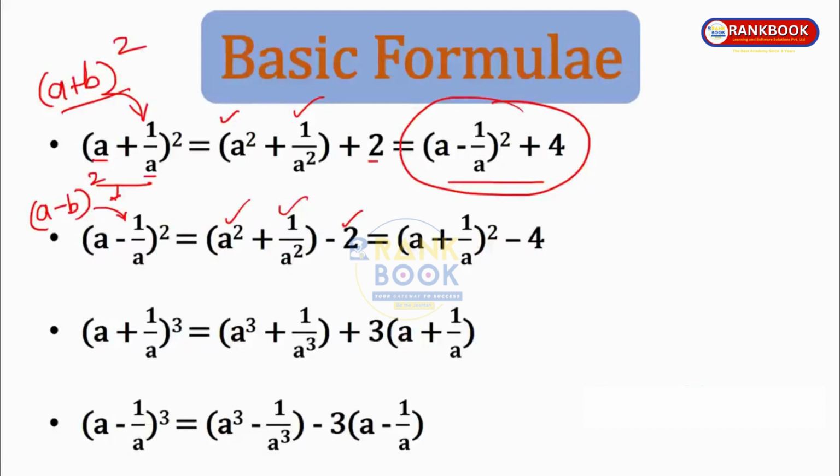That plus 2 gets plus 4, it becomes plus 4. So there is nothing much over here. The only thing is that this formula has been written over here and this is common for both. Pay attention, it is not plus and minus, both are plus over here. And the value of this is written as (a minus 1 by a) the whole square plus 2, because this 2 goes over here, and that plus 2 which comes over here, plus this 2, will give you plus 4.